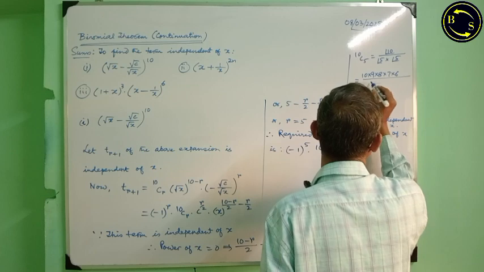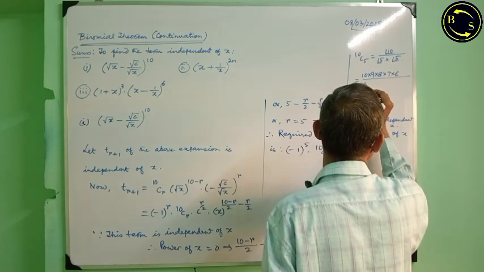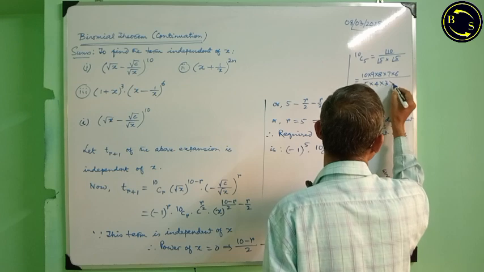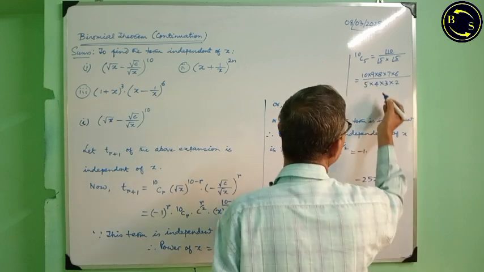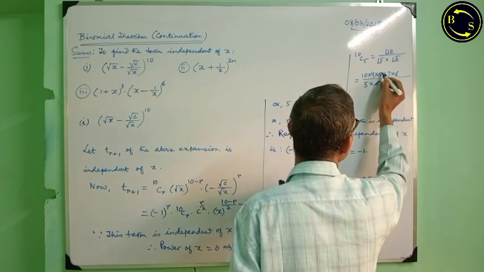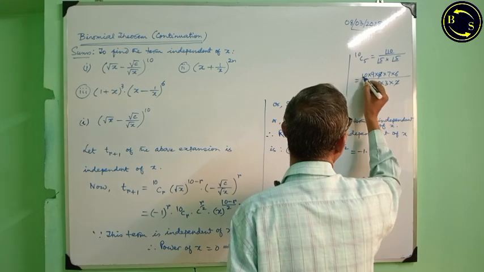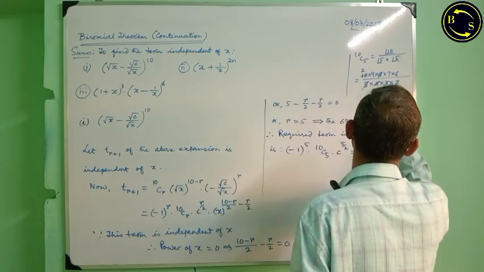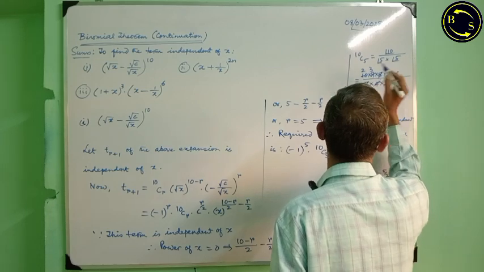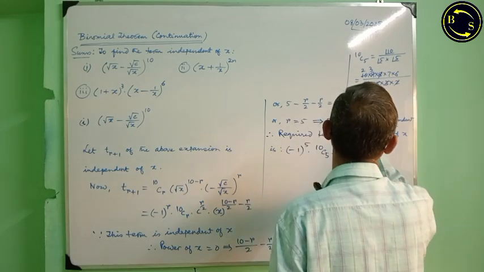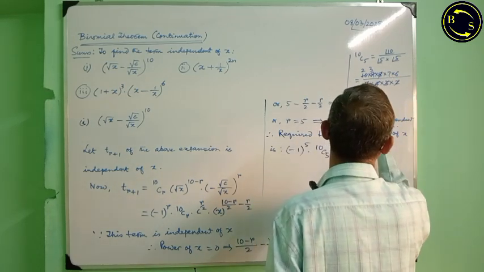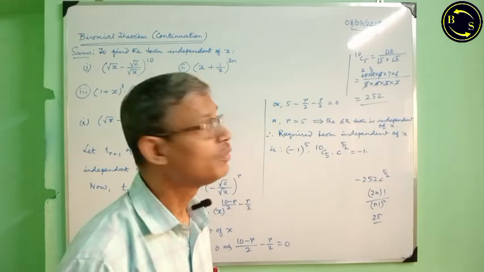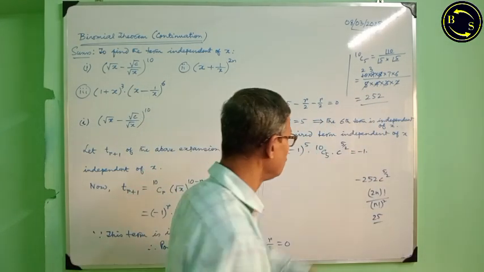Then I put the value of factorial 5, 5 into 4 into 3 into 2. Now we simplify. The simplified value will be 252.